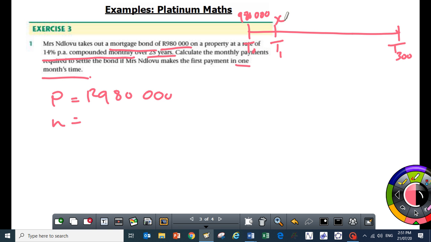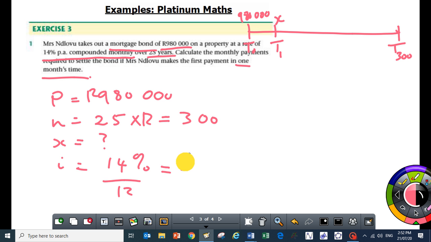So N is going to be 300, which is 25 years times 12. My X, that's the one I want. My I is equal to 14% over 12, which is 0.14 over 12.